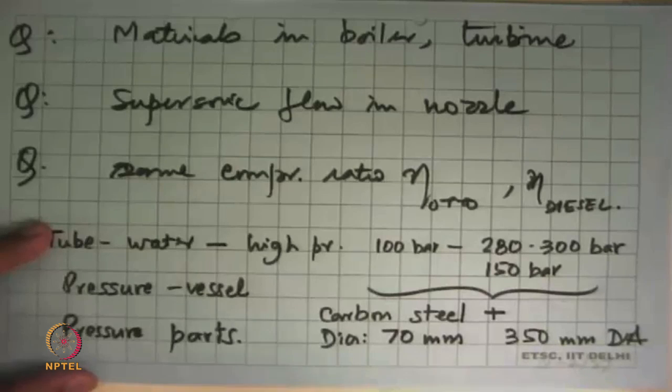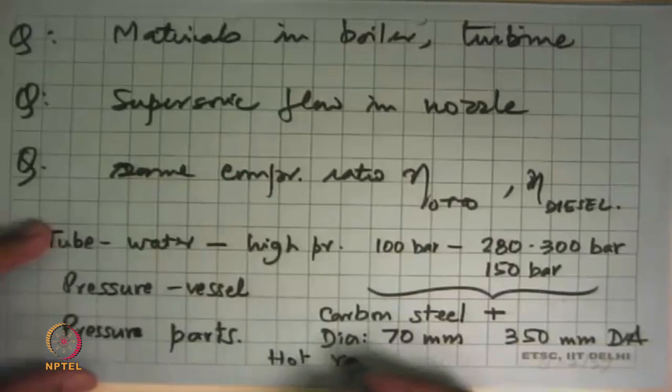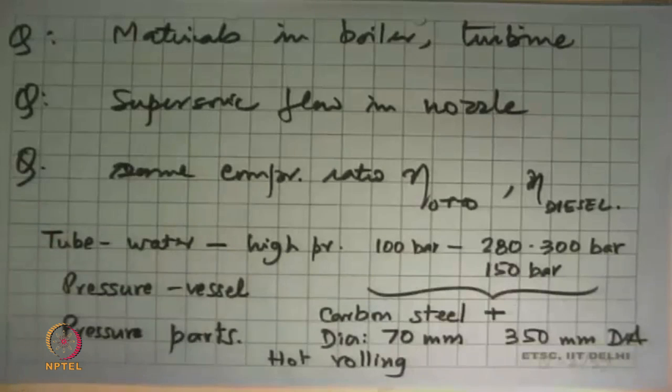To get the best mechanical properties, these are made by hot rolling. That means you make a tube which is heated up, and then you first extrude it, then expand it, turn it, bend it, everything while it is hot, what you have learnt in metal forming. We cannot transport very long tubes to the site, so these tubes are made in lengths which are transportable, the length of a railway freight wagon.